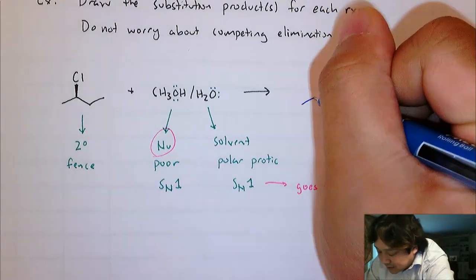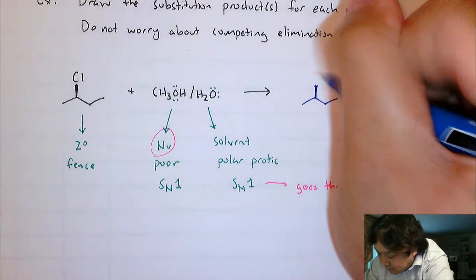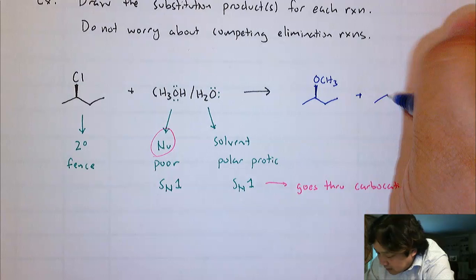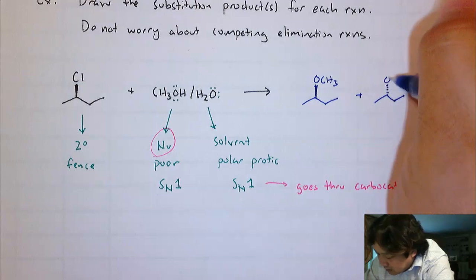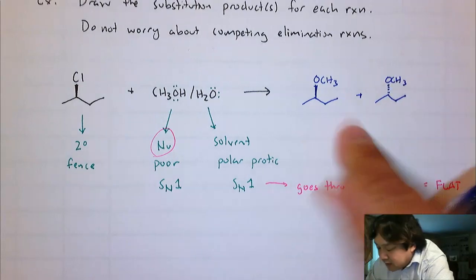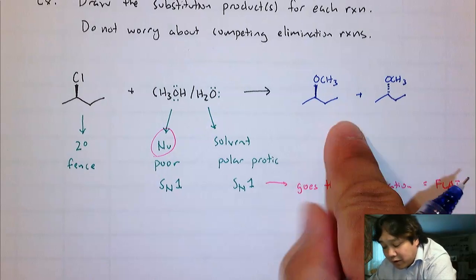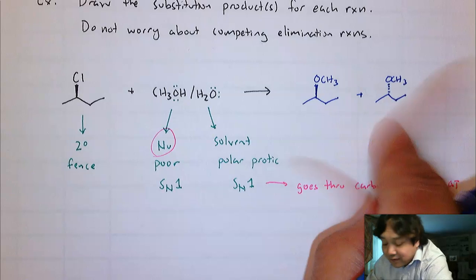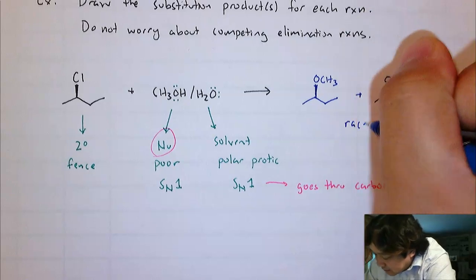That's your product. Front and back. You get both. It's not or, it's and. You get this and this, 50-50. This is racemic.